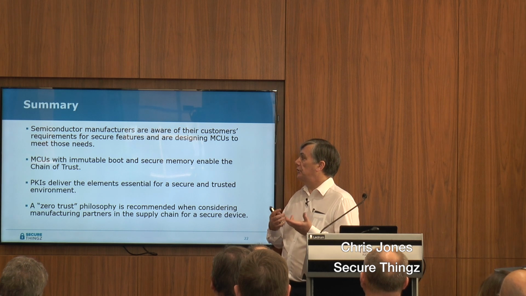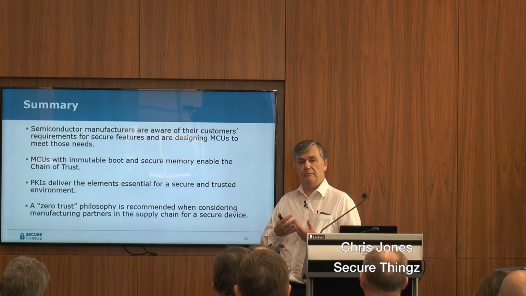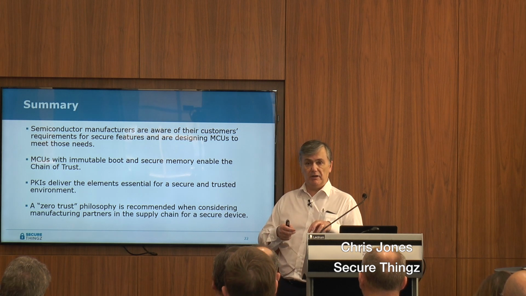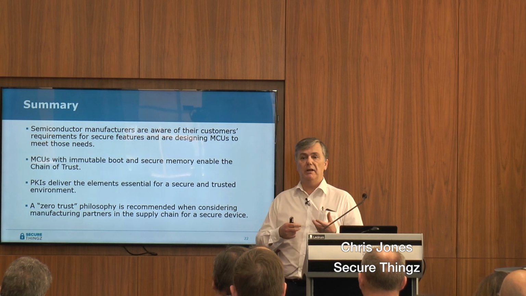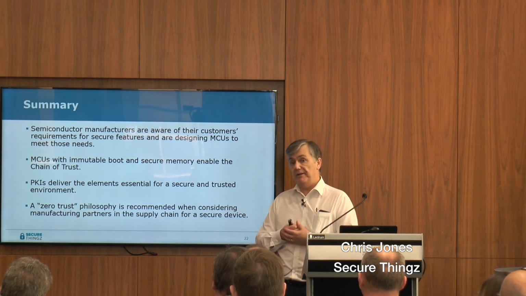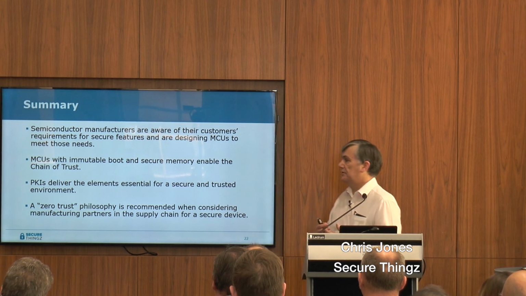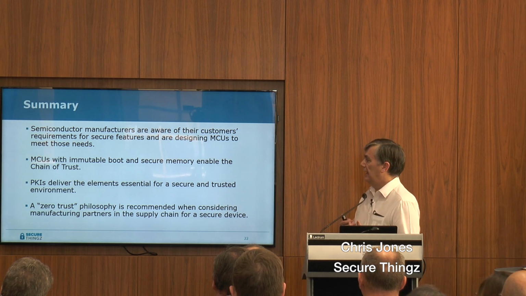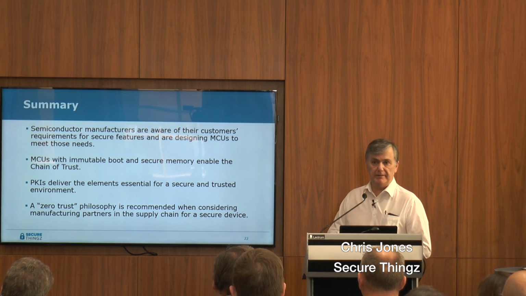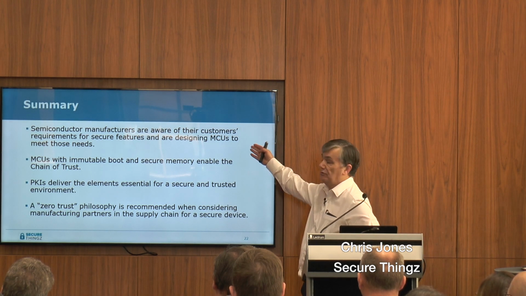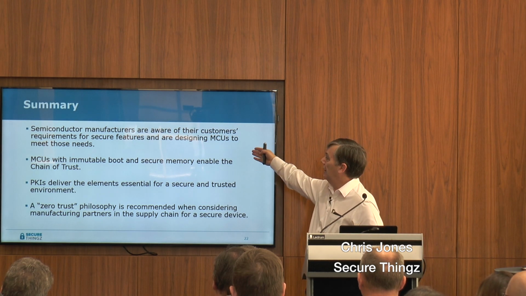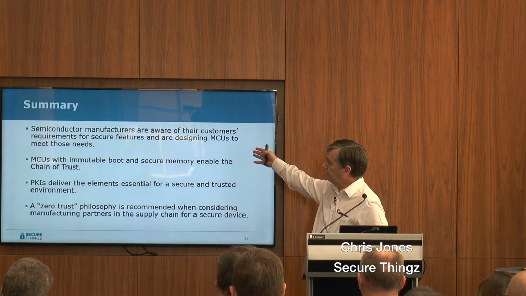So you're seeing much more secure devices coming out with separate secure enclaves inside the device, private-public keys already provisioned into the device as it leaves their factory, and all sorts of other features that allow us to easily embed security into our IoT products. So that is a great positive that we're seeing currently.